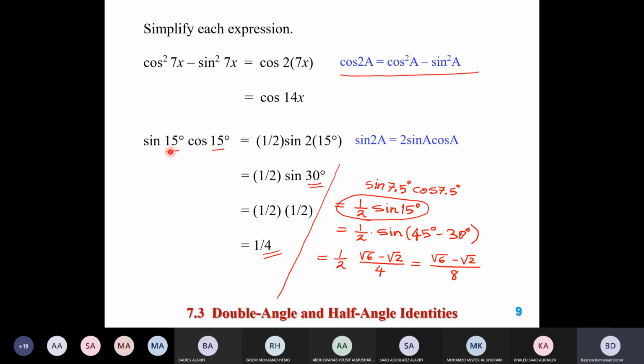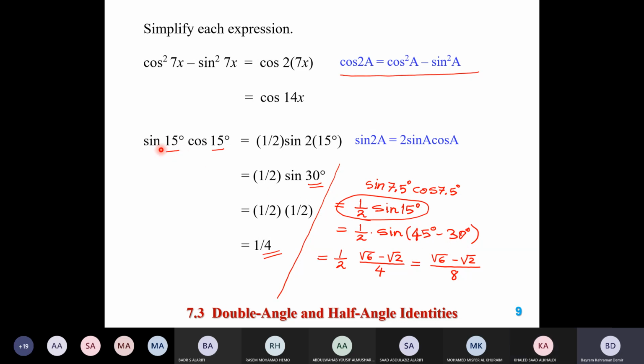Well, if you have this question here, you need to use this formula, Shabab. If you have a question of sine 15 times cosine 15, then you need to use this one. So if you have only sine of 15, I can use sine of 45 minus 30.